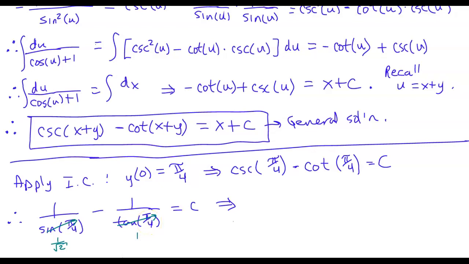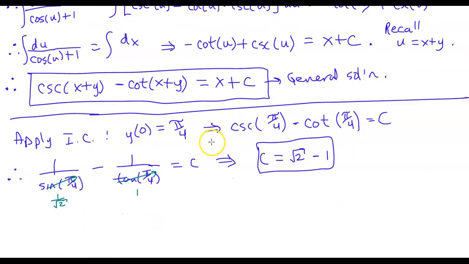So with that, we know that c just ends up being, pen is acting up again, 1 over square root of 2 minus 1, which is just square root of 2 minus 1. And so this is what our integration constant is.